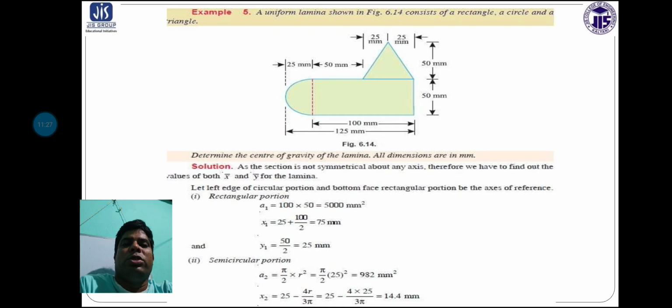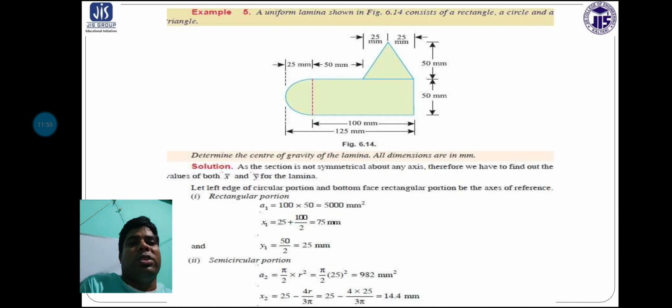Now a composite section is given here, and I think this problem is a very important problem for any type of competitive exam or semester exam. So first read out the problem. A uniform lamina, which is shown in the figure, consists of a rectangle, a semicircle and a triangle.